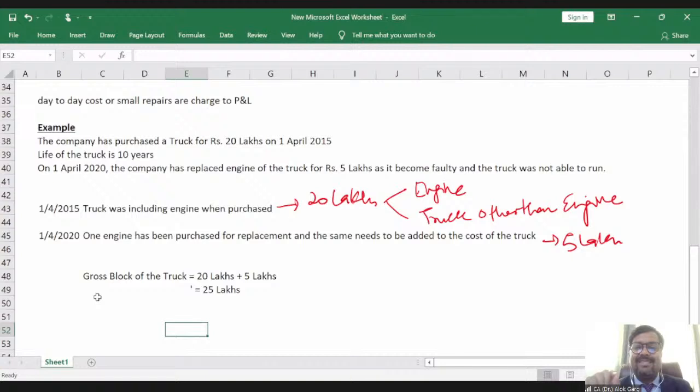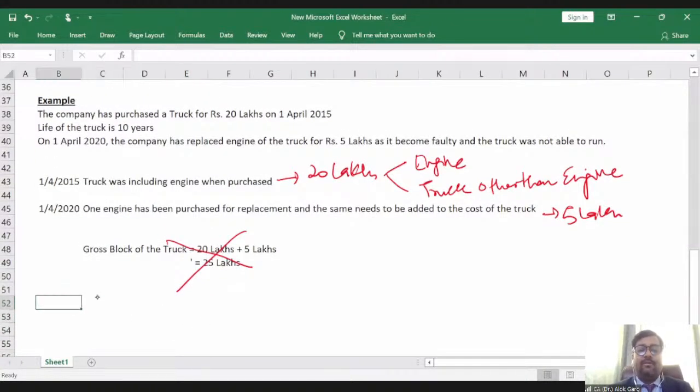So in this case, the standard says that whenever there is a subsequent cost, you need to add that subsequent cost to the cost of PPE. But that alone is not correct. You are required to de-recognize the old engine from PPE. Is it clear?